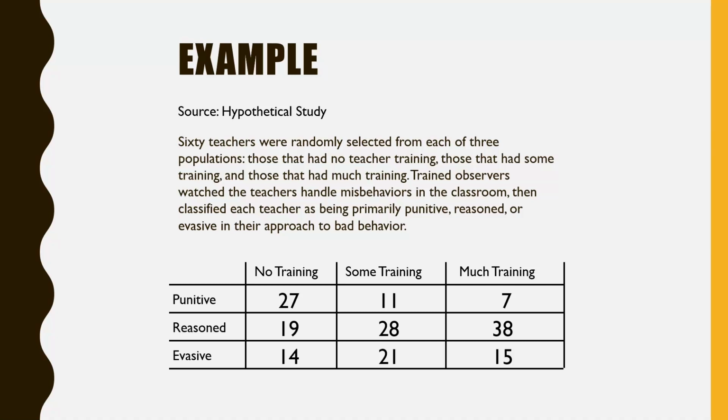So therefore, if the homogeneity hypothesis is correct, our best estimate for each of the no training, some training, and much training categories is that 25% of the participants in that category will be punitive. And so in the no training condition, that would be 25% of 60, which would be 15. In the some training condition, 25% of 60, 15, and 25% of much training, again, 25% of 60 or 15.